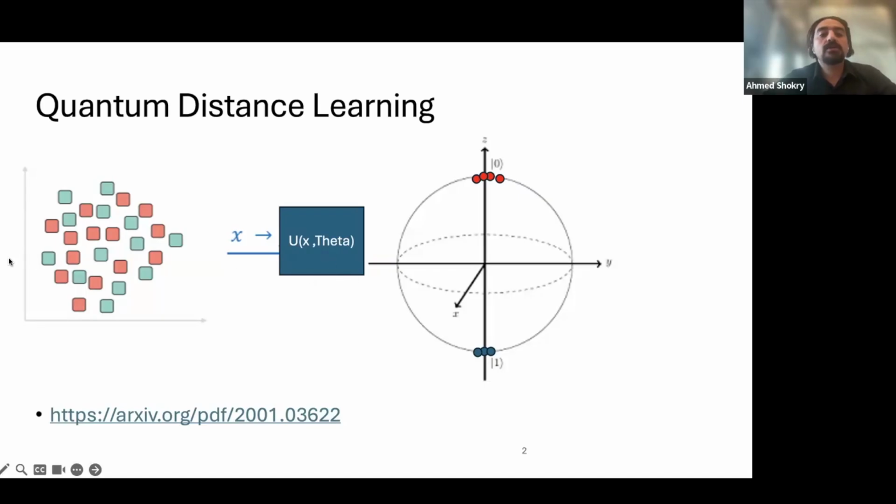So here, for example, given classical 2D data points, we need to train a unitary U that accepts a point X and has some parameter theta, such that when we obtain the embedding or the encoding of each data point, we find that the two groups are separated according to a specific angle, such as here, for example, the angle between the two groups is pi over 2.